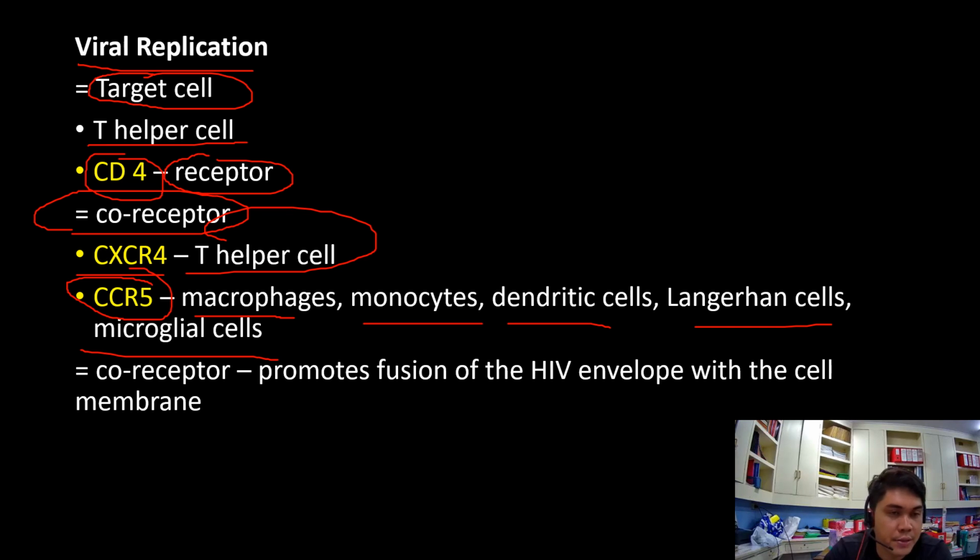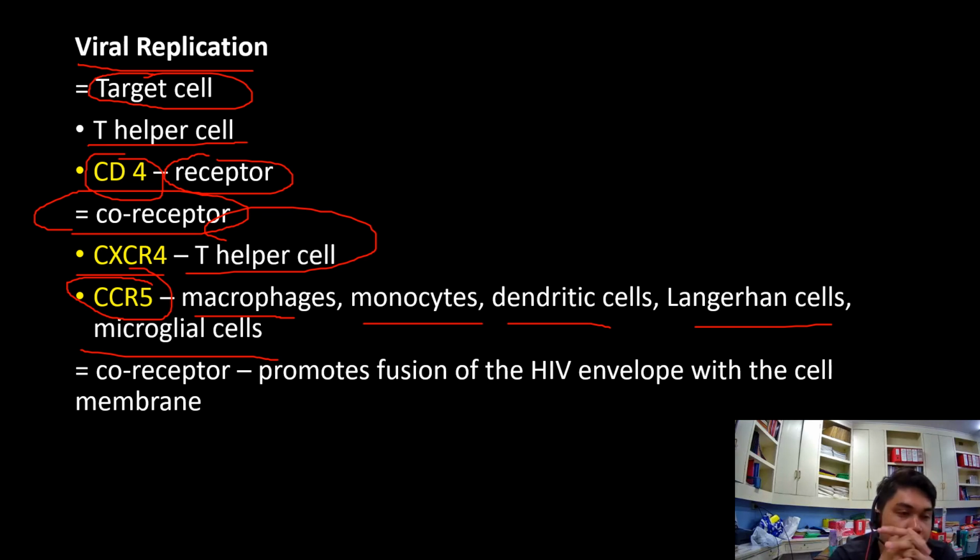These cells also contain CD4. The co-receptor that promotes fusion of HIV and the host cell in these cells is CCR5, but in the T helper cell, the co-receptor is CXCR4.